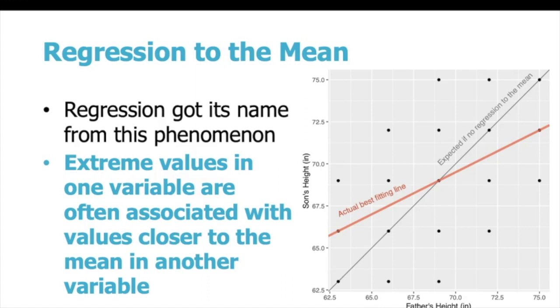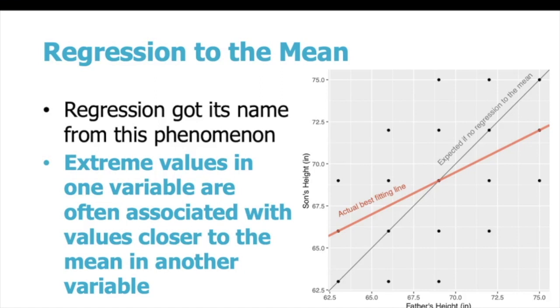And what you're seeing is a father that is really tall, 75 inches. On average, their sons are actually more like 71 inches tall. They're not 75 inches or taller. Rather, they're 71 inches.